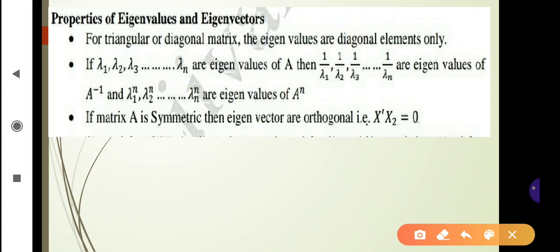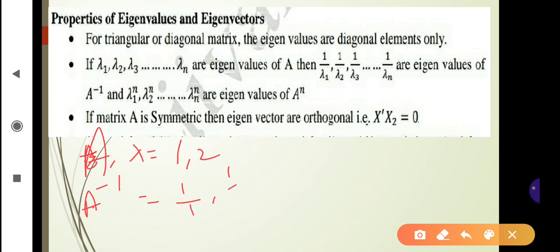For example, suppose the eigenvalues of matrix A are 1 and 2. What are the eigenvalues of A inverse? 1 upon 1 and 1 upon 2.